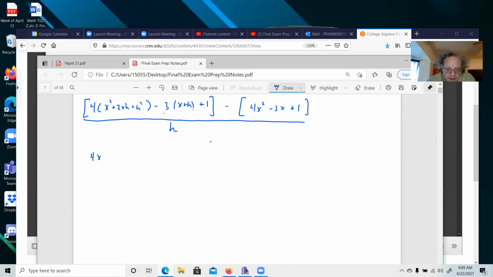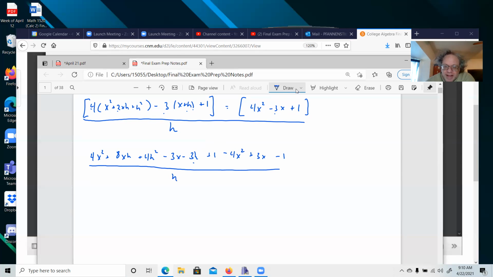So this is 4x squared plus 8xh, that's 4 times that, plus 4h squared minus 3x minus 3h. Most common mistake, not doing that. Plus 1. Next most common mistake is you write down the 4x squared and you forget to distribute the negative into the middle here, and divided by h.